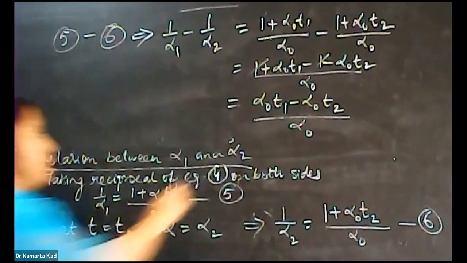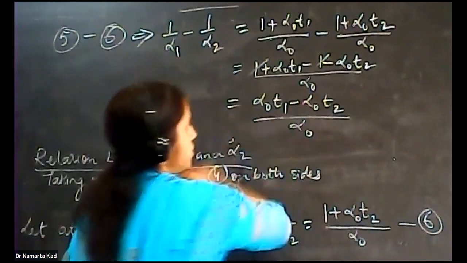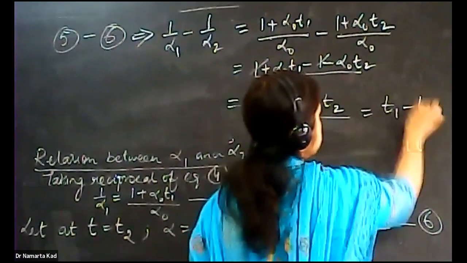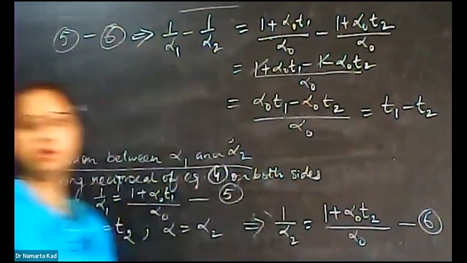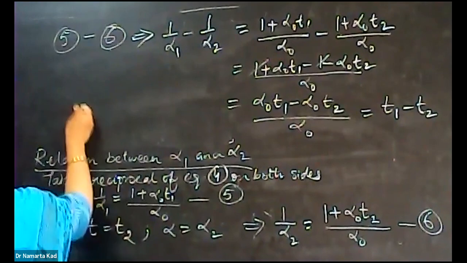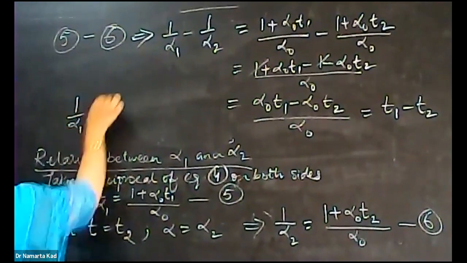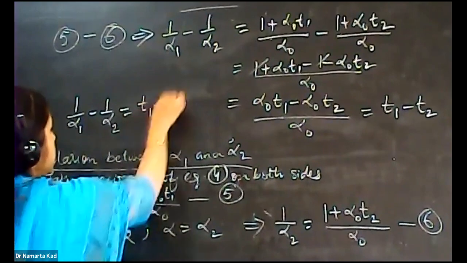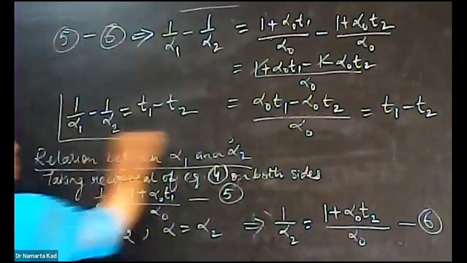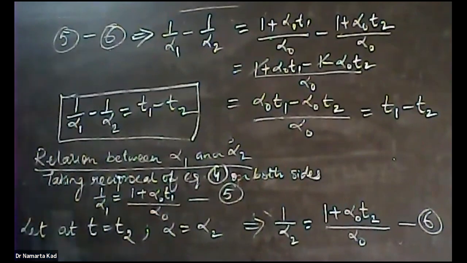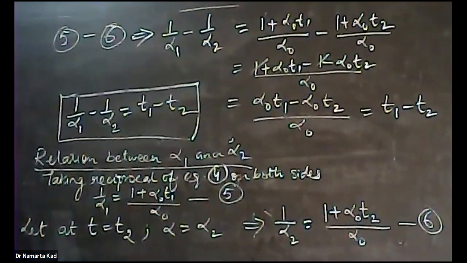Upon again solving, taking alpha naught common, it cancels out, so it comes out to be T1 minus T2. So the final formula for this derivation is 1 upon alpha 1 minus 1 upon alpha 2 is equal to T1 minus T2. So this is the relation between alpha 1 and alpha 2.